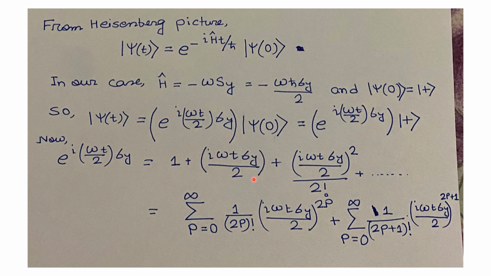We can take the even power and odd power terms separately, and we can generalize it into a series form that is given by summation of p equals 0 to infinity 1 by 2p factorial times I omega t sigma y by 2 to the power 2p, plus summation of p equals 0 to infinity 1 by 2p plus 1 factorial times I omega t sigma y by 2 to the power 2p plus 1.